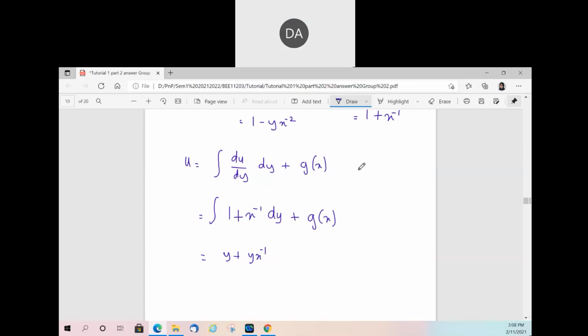This is the same as you integrate a terhadap dy, then you will get ay, right? Remember, if you integrate anything that tak ada pun variable y kat sini, then this one consider constant. Faham. Okay, so plus with gx. So this is your u.